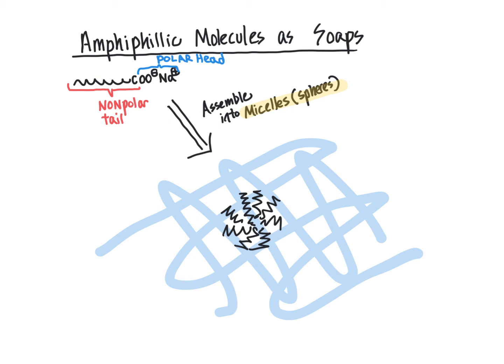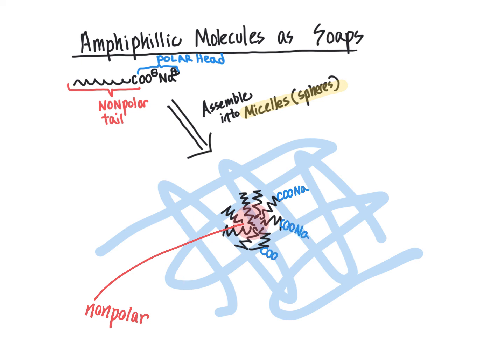And the interior of that micelle, that sphere, is going to be very nonpolar. So within this cavity, within this interior of the sphere, that region is very nonpolar because all of the nonpolar tails, as we call them, because they stick off the molecule, have assembled into the center of that sphere. And the exterior of that sphere is our head groups, our COO- Na+ groups, which are facing the water.